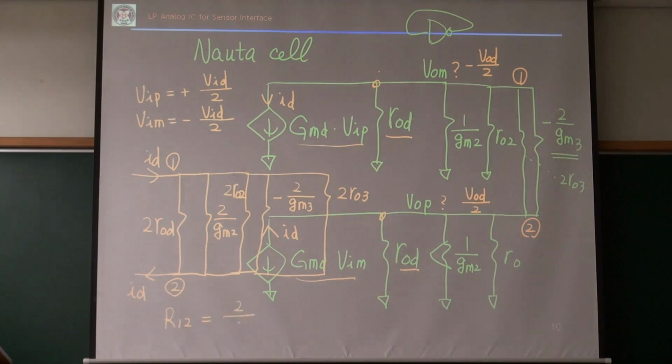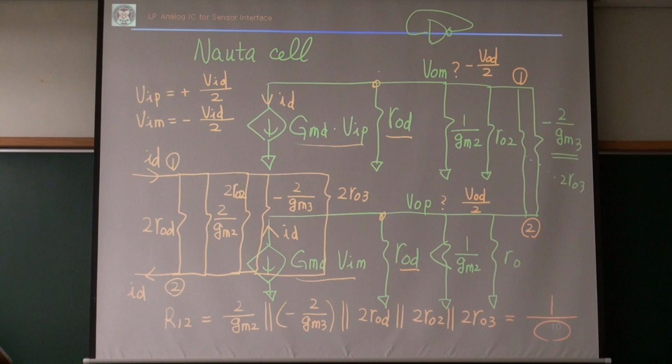So my impedance between nodes 1 and 2 is just all parallel connection: 2 over GM2, parallel, minus 2 over GM3, parallel, 2RO driver, parallel, 2RO2, 2RO3. I can rewrite this by calculating all the conductances, since parallel things add in conductance values. Let's rewrite the Ri2.